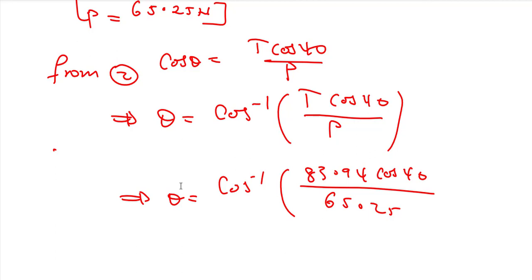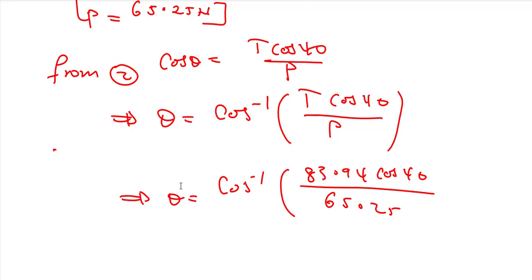This is what is punched. Let's see what it gives. That's about 0.9854.